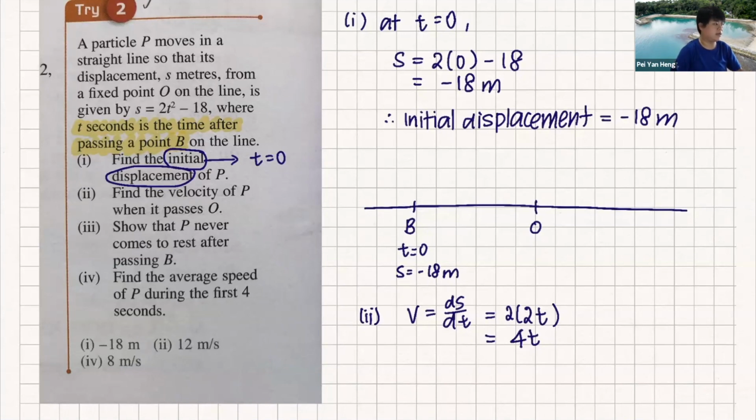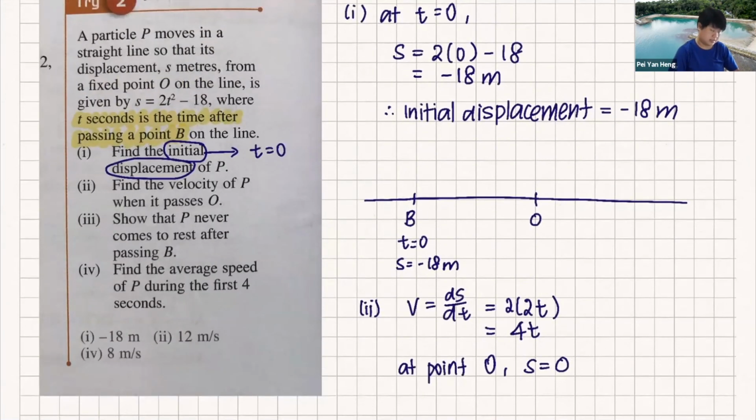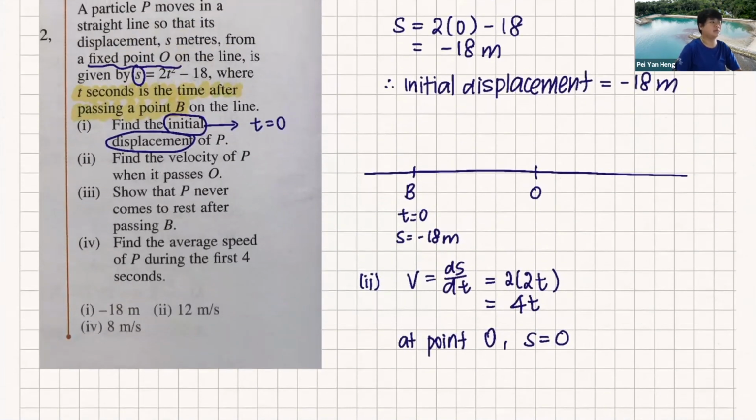You need to find when it passes O. When does it pass O? At O, displacement is 0, because this s is from the fixed point O. So we need to find out what time the particle passes through point O.